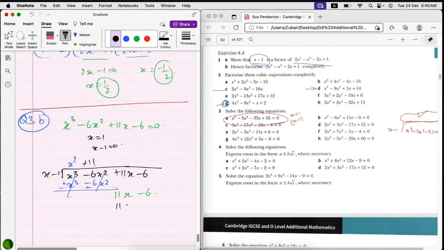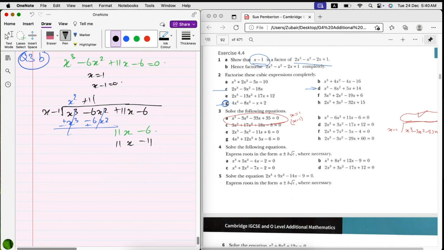Did I make a mistake in the calculator? This was 1 cube minus 6 into 1 square plus 11 into 1 minus 6. I'm getting 0. This is strange.